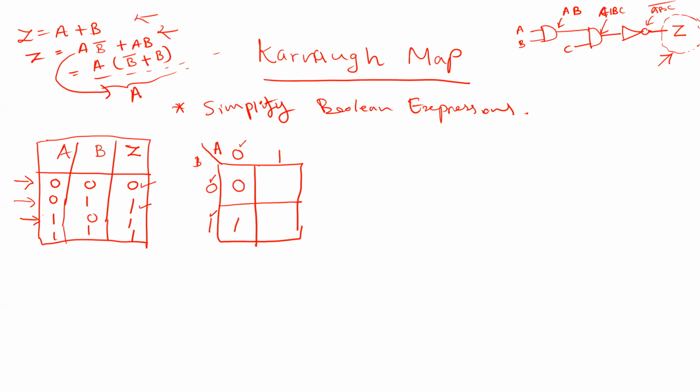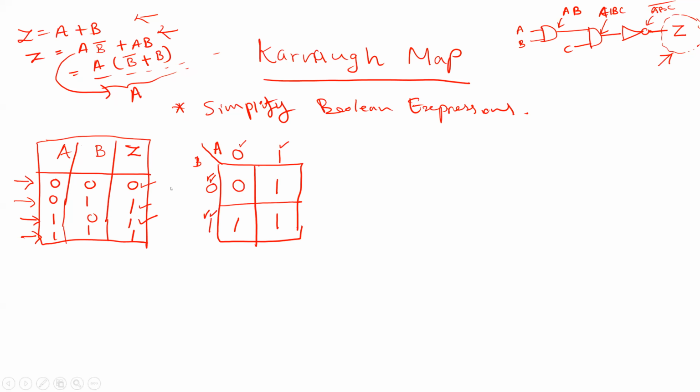And third line, A1, B0. What's the value? 1. Okay, final one. Here we have A1, B1, both 1. The final output is 1. Okay.